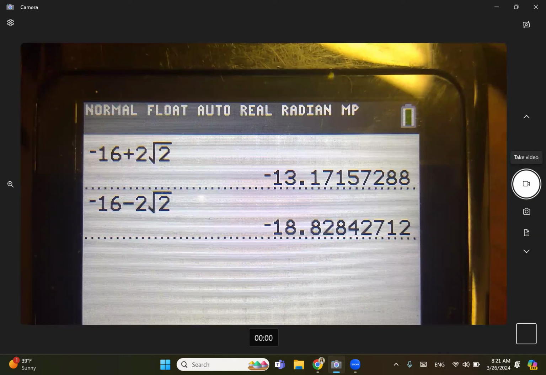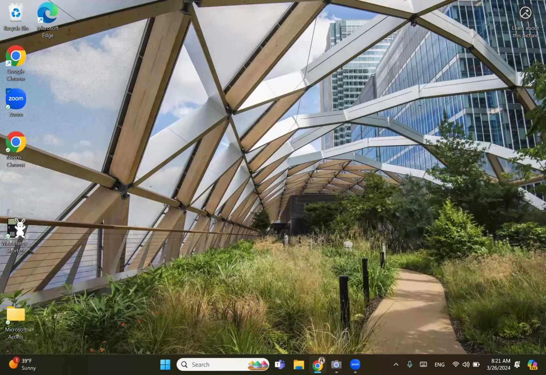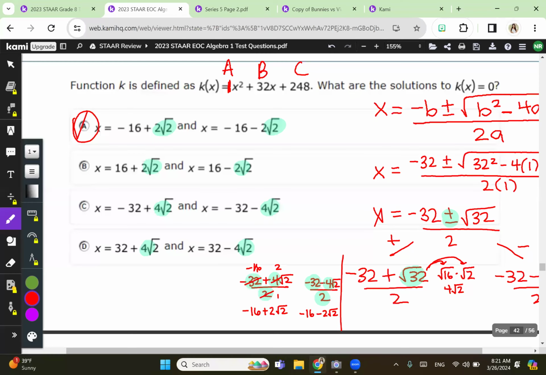Are we okay with that so far? All right. Now, y'all have it? Because I'm about to switch over to my screen. So negative 16 plus 2 square roots of 2 gives you negative 13.17. This one gives you negative 18.83.